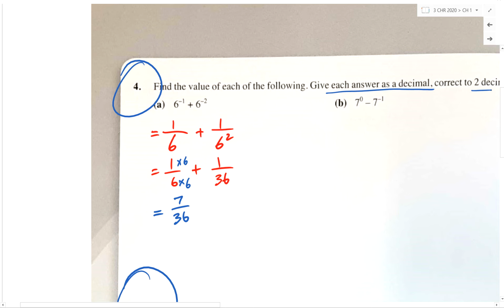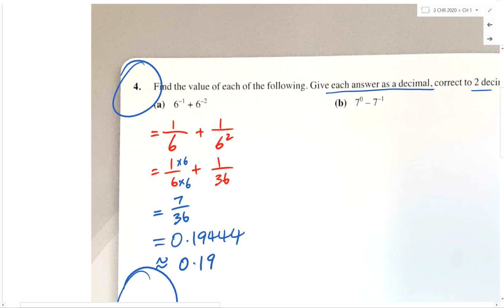Here's my calculator. 7 divided by 36, and we have 0.19444. Just write a few more, then after that, you round off. Now we round off to 2 decimal places. 0.19.